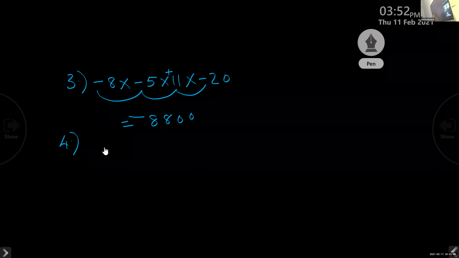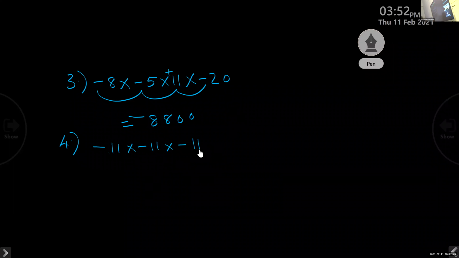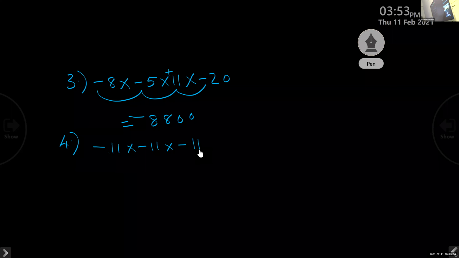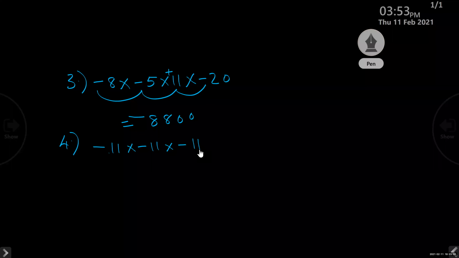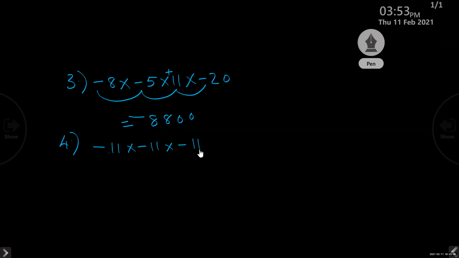Now the fourth one, negative 11 into negative 11 into negative 11. Negative 11 is repeated 3 times.